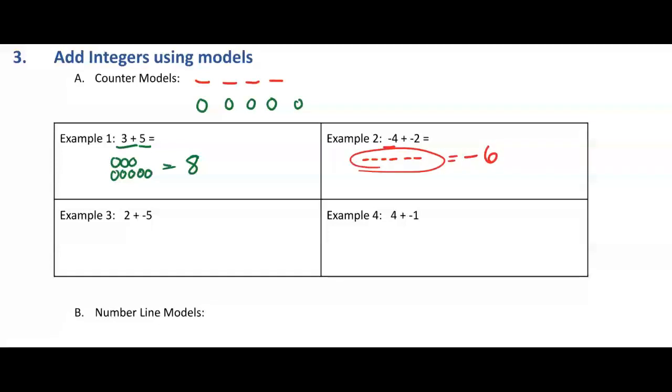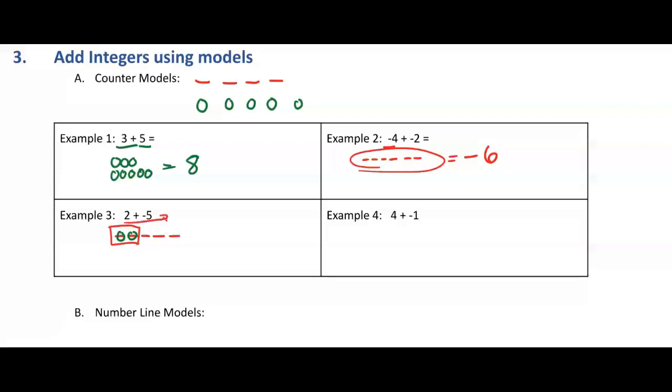But when our signs are different, here I have 2 positives. I also have 5 negatives, 1, 2, 3, 4, 5. And see that a positive and a negative, 2 of my negatives cancel out with my 2 positives. And I'm left with 3 remaining negatives.